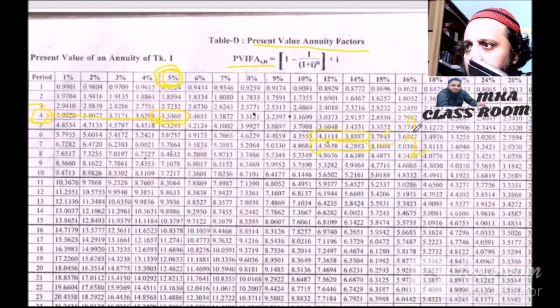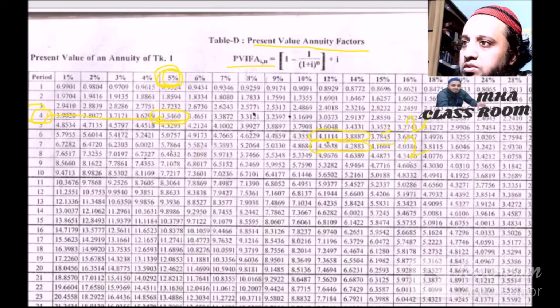We will add this value 12% and 14% and divide by 2: 4.1114 plus 3.8887 divided by 2, 4.000. So, that is not in here.